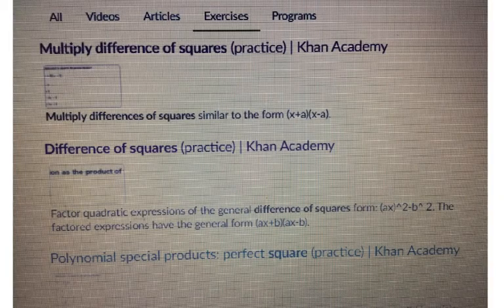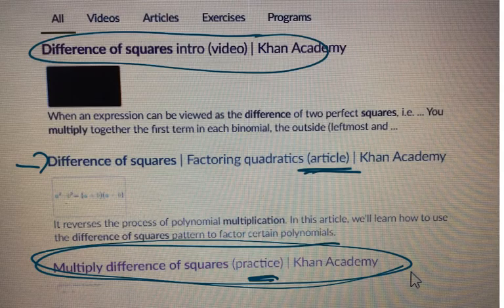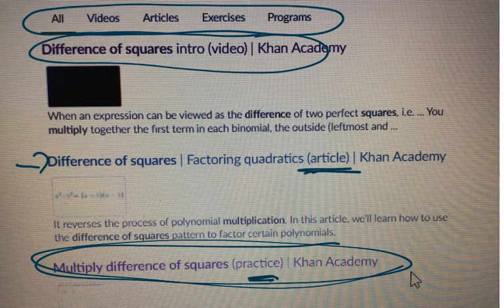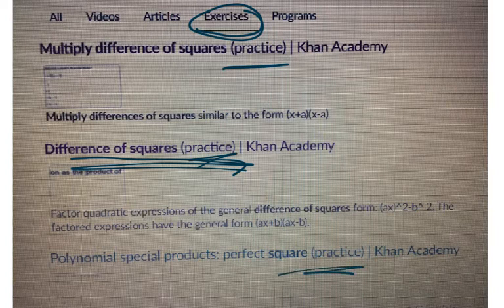As you can see, I don't know why I doubled up. Maybe I just scrolled down and did the practice. Oh, wait a minute. Here's something else I forgot about, and I've never shared it with anybody this year so far. If you look right here, guys, at the top of my screen, right above where all the choices are, if you click on exercises, the only thing it's going to show are practices.